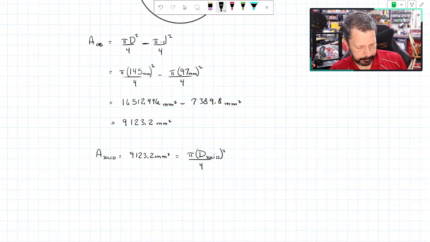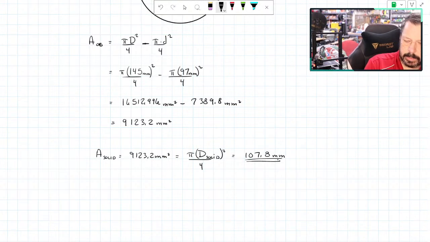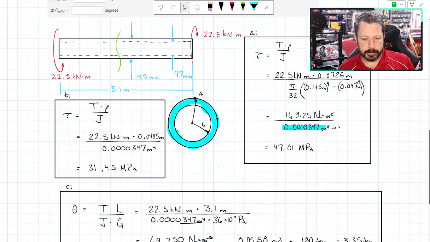That gives 107 point a bunch of sevens, let's call it 107.8 millimeters. So an equivalent solid shaft, with the same amount of material, would have a 107.8 millimeter diameter, whereas here we've got a larger 145 millimeter diameter, but it's hollow on the inside.